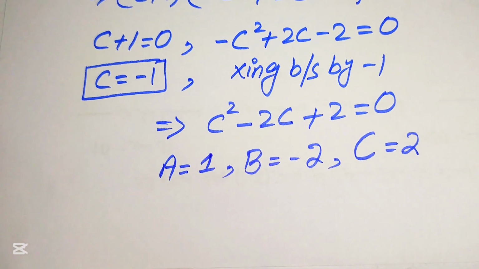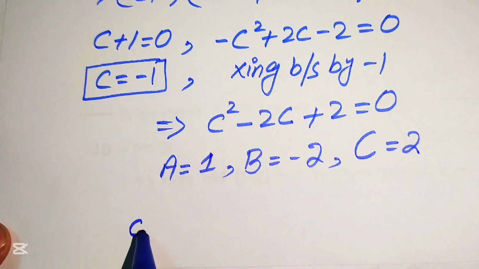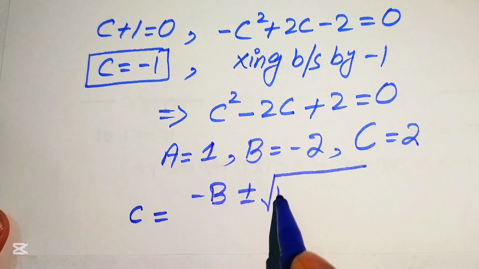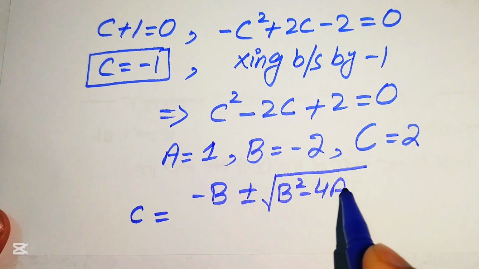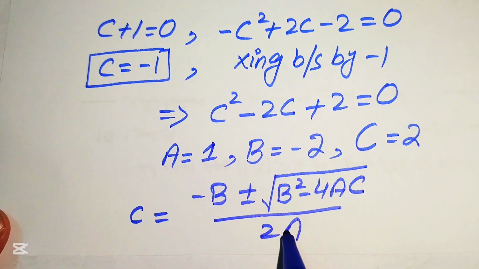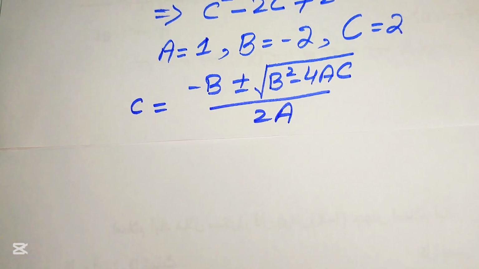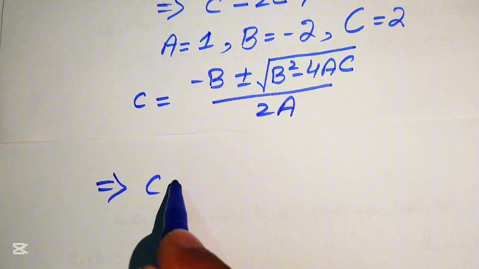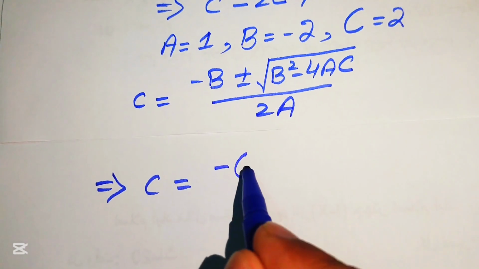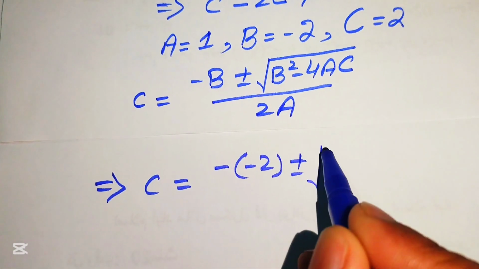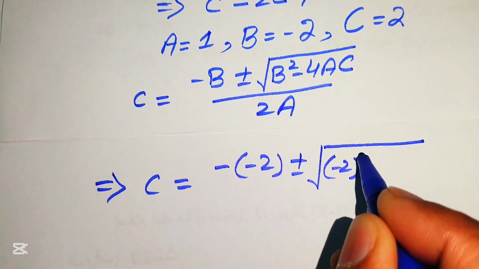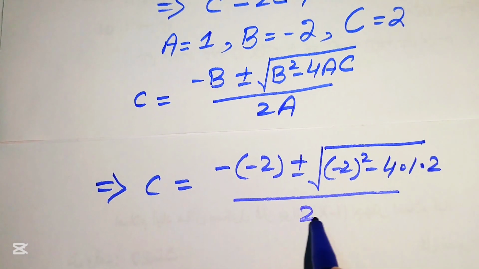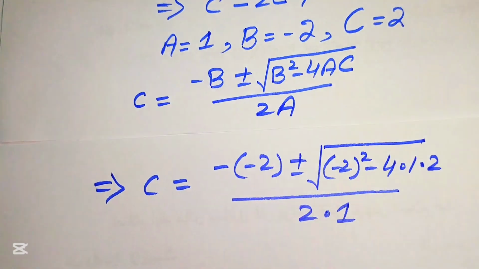Here we can apply the quadratic formula to solve it, and the quadratic formula is stated as x = (-b ± square root of (b² - 4ac)) / 2a. Now we substitute the values of a, b and c: c = (-(-2) ± square root of ((-2)² - 4 times 1 times 2)) / (2 times 1), where a is equal to 1.